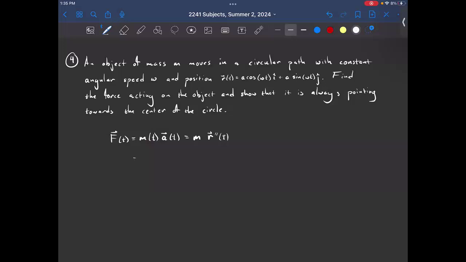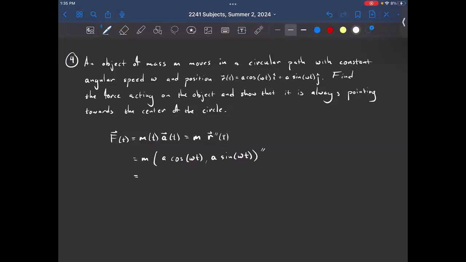Okay, and now I have things that I can compute. So m, and then the second derivative of a cosine omega t, a sine of omega t. And this is just our standard parameterization for a circle with a frequency of omega. So this tells us how quickly the circle is swept out. And I want the second derivative of that.